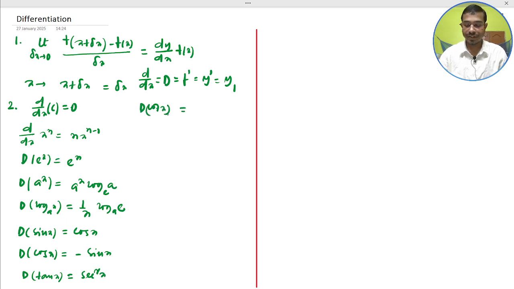D of cot x means minus cosec square x. D of sec x means sec x tan x. D of cosec x is minus cosec x cot x.